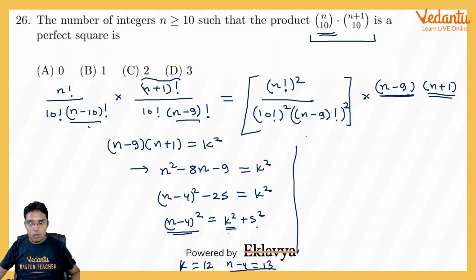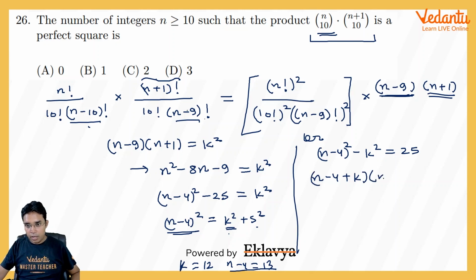Or what you can do, you can write this as (n minus 4) whole square minus k square is equal to 25, one very standard method. So we will be getting (n minus 4 plus k) into (n minus 4 minus k) as 25. And they will be 1 into 25, because if they are 5 and 5, then I think it is not possible, because then k has to be 0.